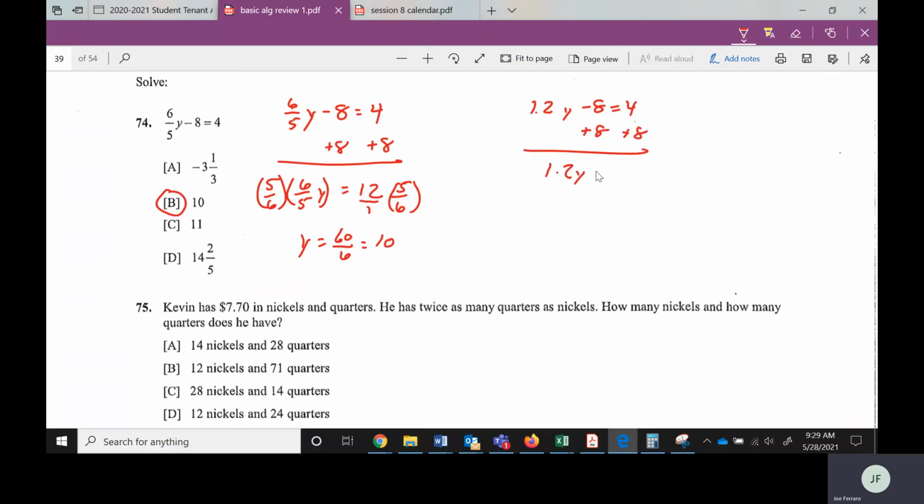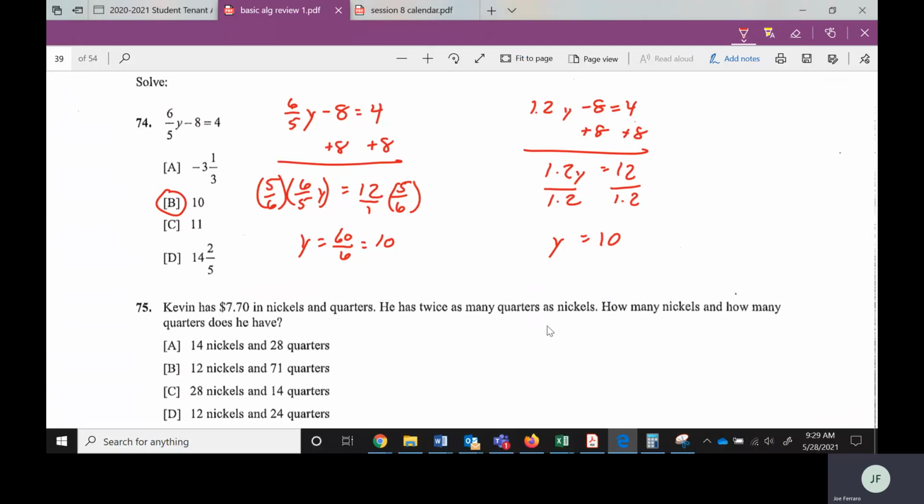So you get 1.2y equals 12. Y is being multiplied by 1.2. Divide each side by 1.2. These cancel out. You get y equals 12 divided by 1.2 is 10. Okay. So that was 74.